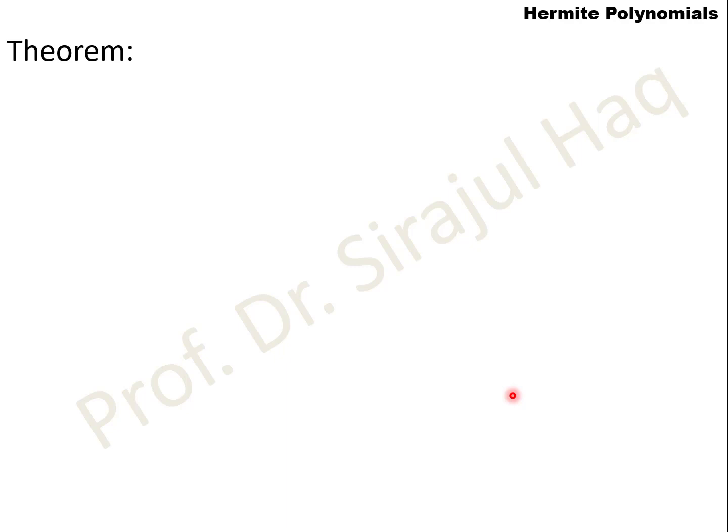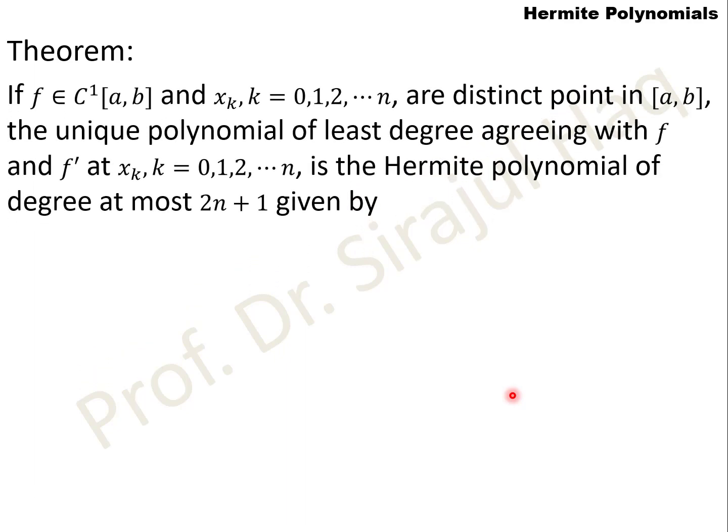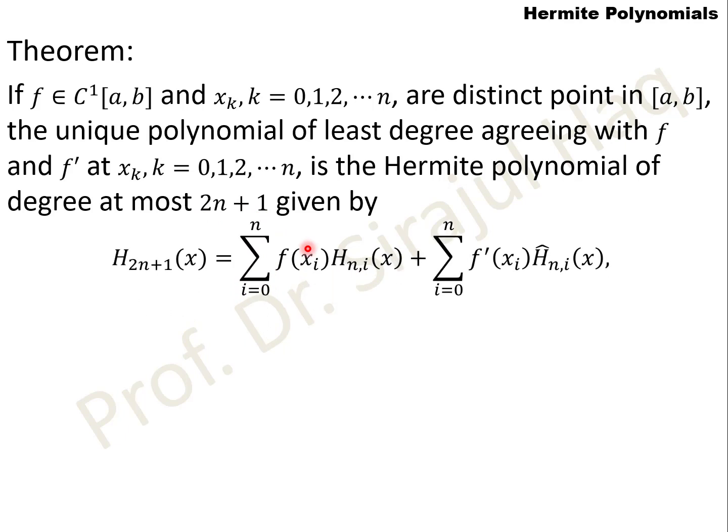The statement of the theorem is, if the function along with its derivative is continuous on this interval, and x0, x1, x2 up to xn are distinct points in this interval, then the unique polynomial of least degree which coincides with the function f and its derivative at the data points is the Hermite polynomial, and its degree is 2n plus 1, and the polynomial is given by this expression.